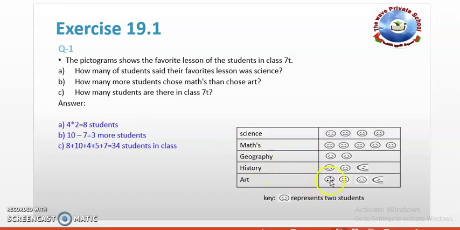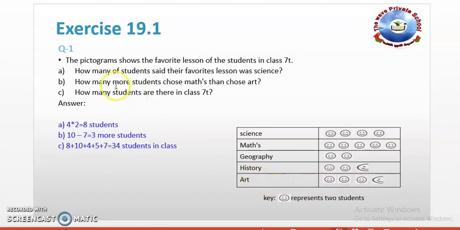And art: 2, 4, 6 and a half smiley means 1 student. A full smiley represents 2 students and a half smiley represents 1 student. So we can say 2, 4, 6 and 7. 7 students like the art subject.